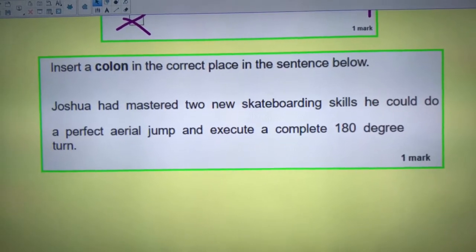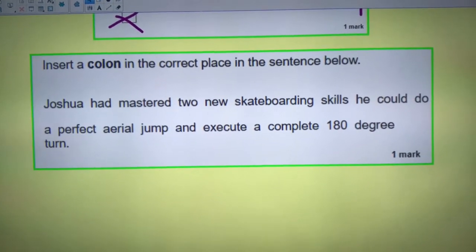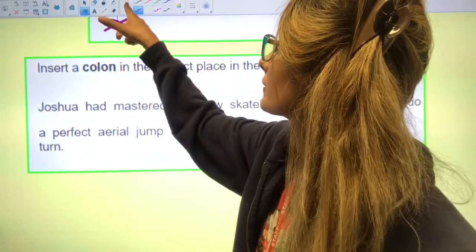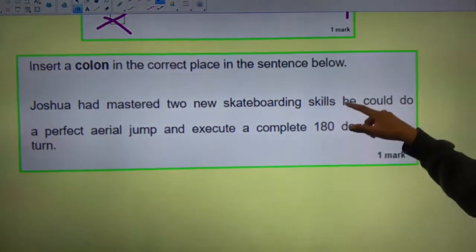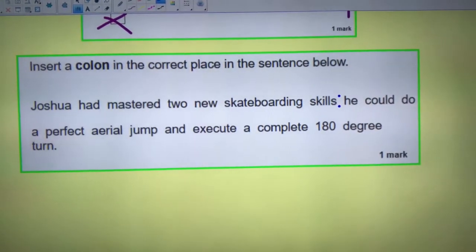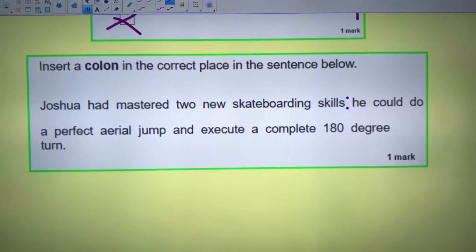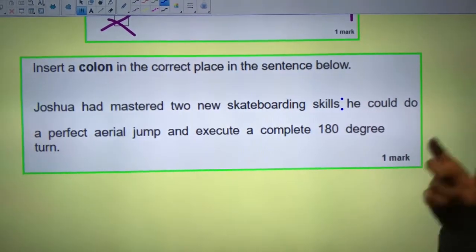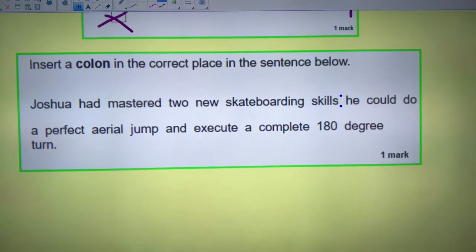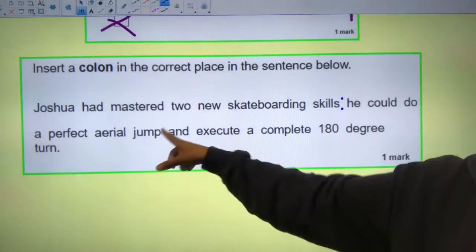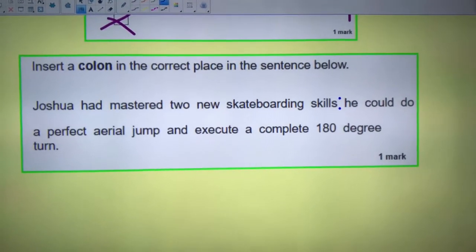So Joshua had mastered 2 new skateboarding skills. Well, those 2 skateboarding skills are as follows, colon. He could do a perfect aerial jump and execute a complete 180-degree turn. So it's a bit of a trickier one because it's not commas for a list. You can't see the commas for a list, but it's just two things within the list.